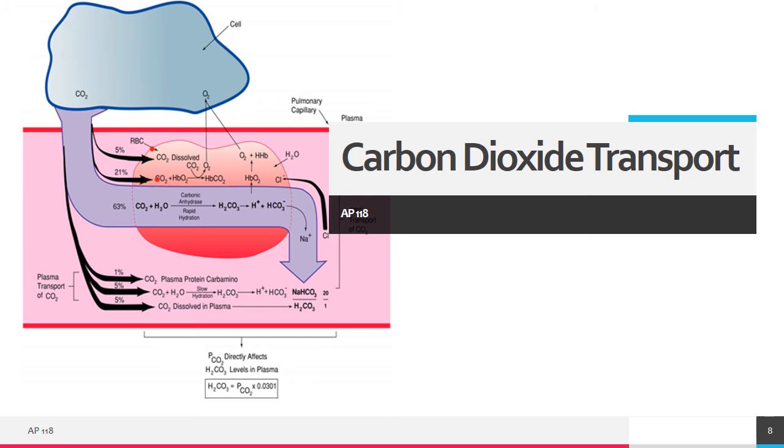The newly formed carbon dioxide is transported from the tissues to the lungs in 6 different ways. 3 of them are located in the plasma and the liquid part of the blood, and 3 are at the red blood cell. We'll start by talking about how it's transported in the plasma.